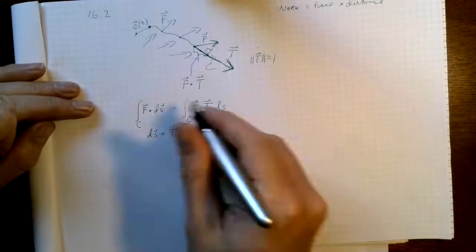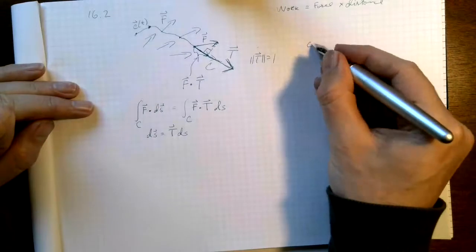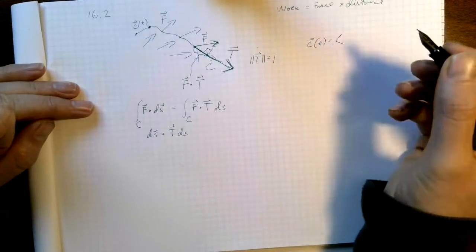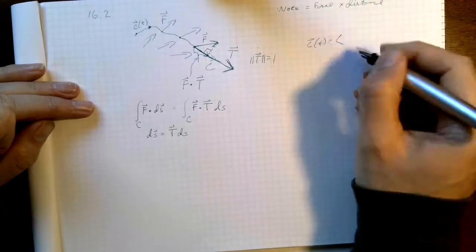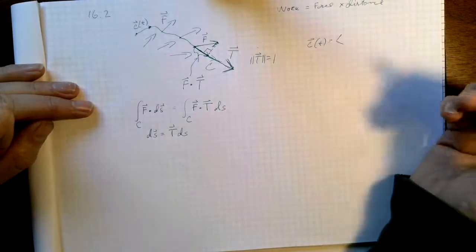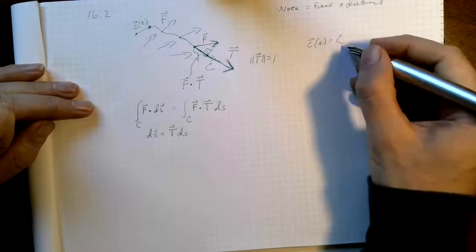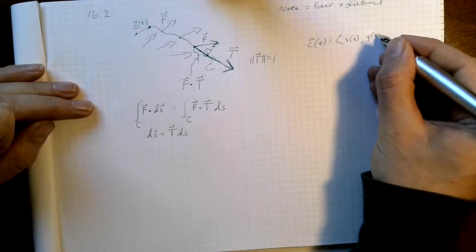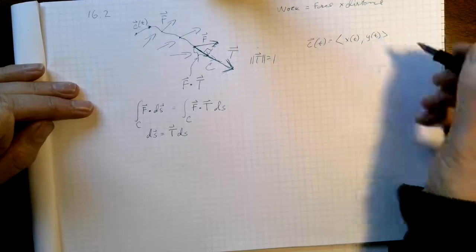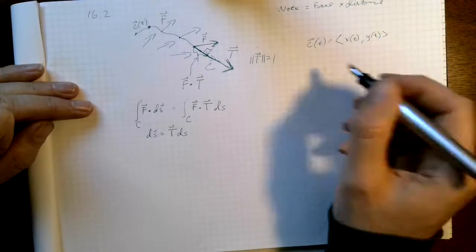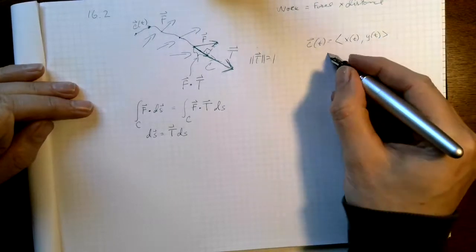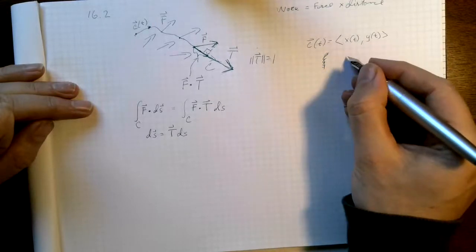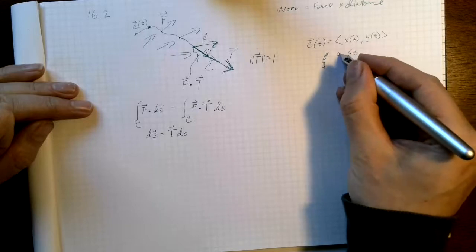Well, if we have this C of t, suppose it's in two variables just for simplicity, we'll write it in three variables as well. Then t is between a and b.